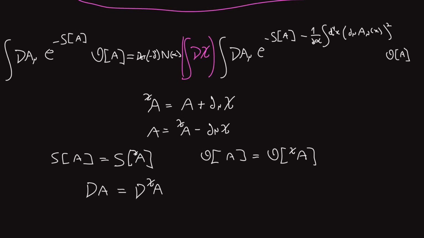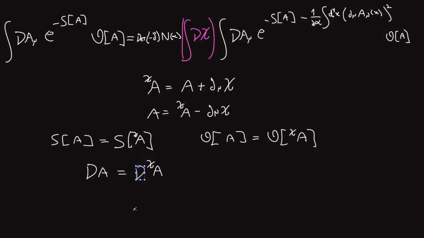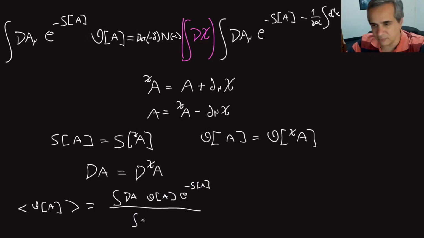And we know that any observable, any expectation value, will be written as the path integral over A of that observable times the exponential of the action, divided by this. We have shown this many times before.